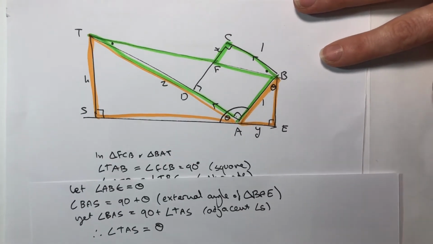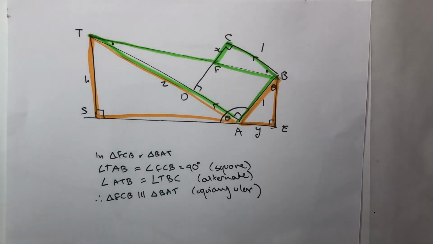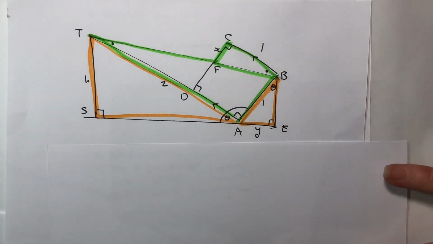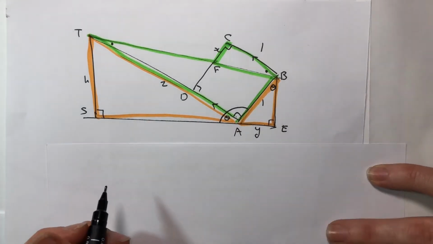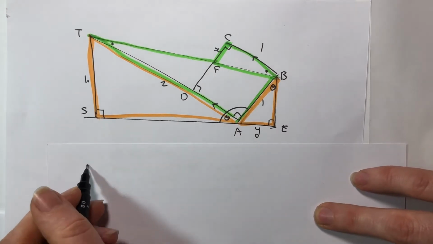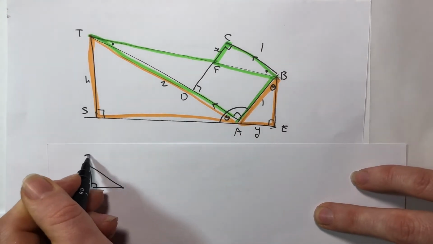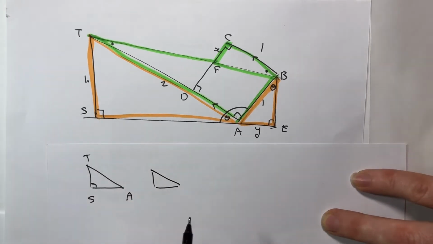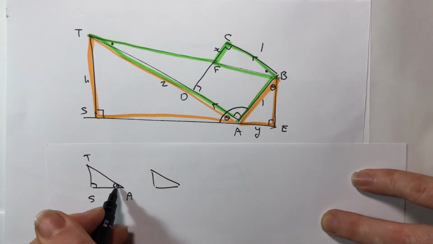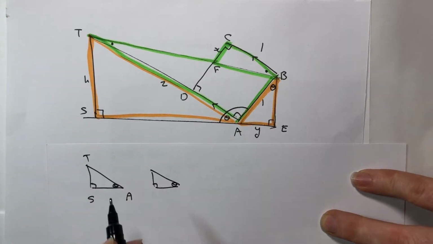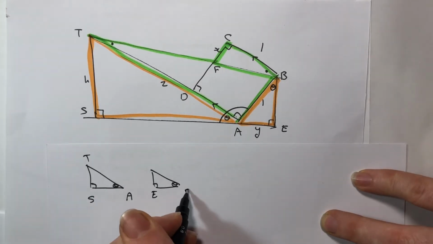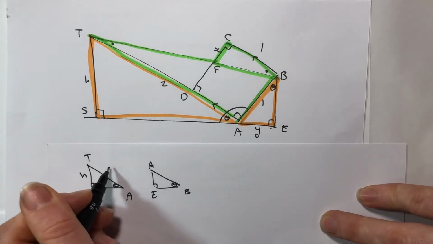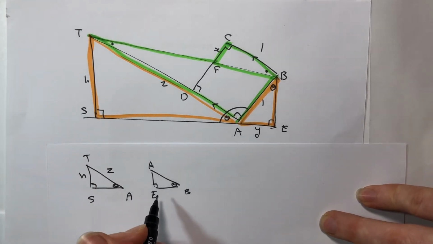My favourite thing to do when I am redrawing triangles, or when I'm doing similarity ratios proofs, is I'm actually going to redraw triangles, T, S, A, and when I redraw its pair, I'm going to redraw it the same way around. So with a theta there, right angle and theta, so the right angle was E, that was B, and that was A. Now I can see really quickly which part goes with which part.